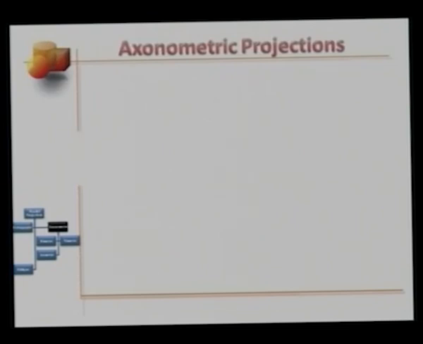Next, axonometric projections. As I mentioned earlier, isometric projections happen to be a special case of axonometric projections. The idea is quite simple. Say we have a cube, and the origin of the Cartesian space coincides with one of the vertices of this cube.